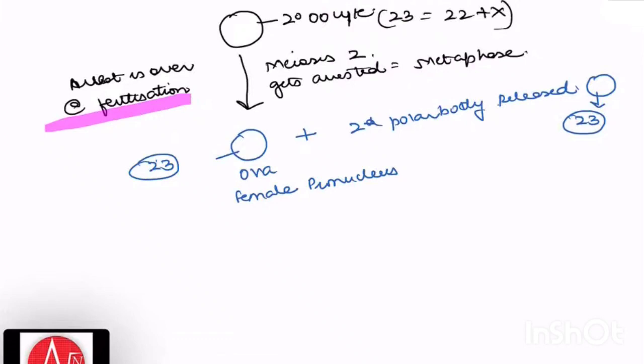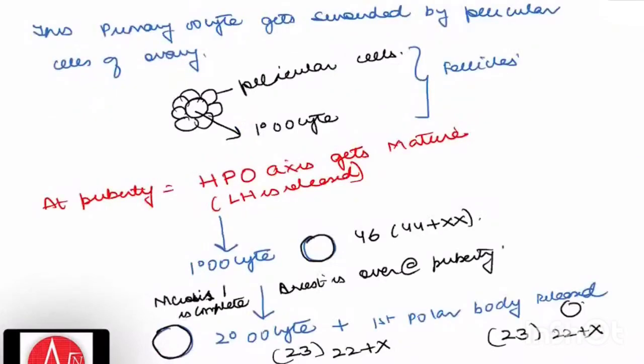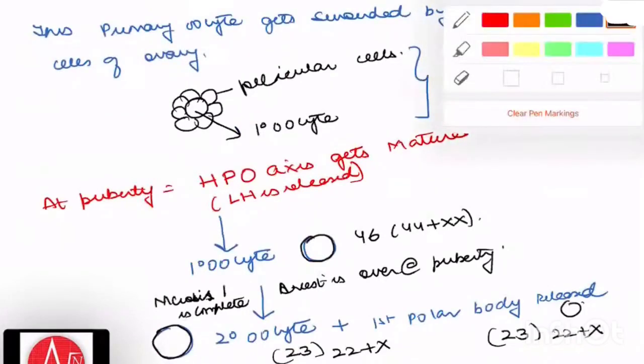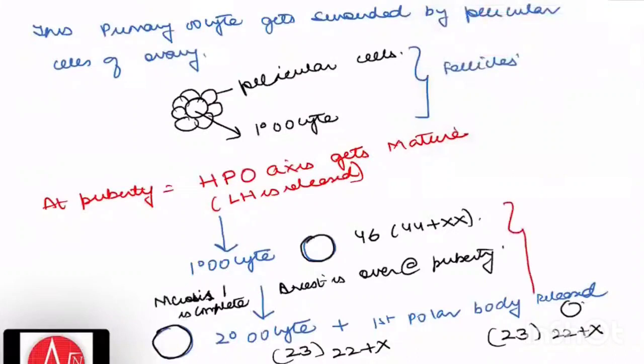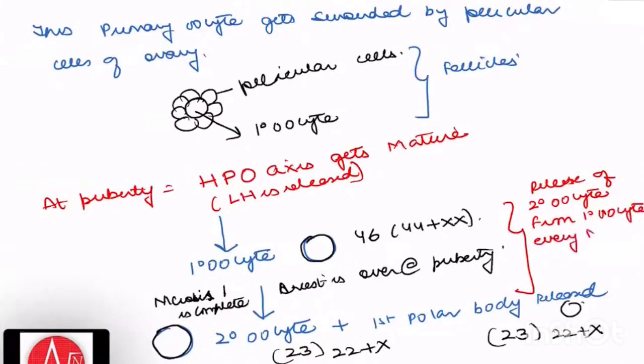So then जो हम कहते हैं कि every month a female is ovulating, उसका क्या मतलब होता है? What is ovulation? So understand that the release of secondary oocyte from primary oocyte every month, that is what is called ovulation.